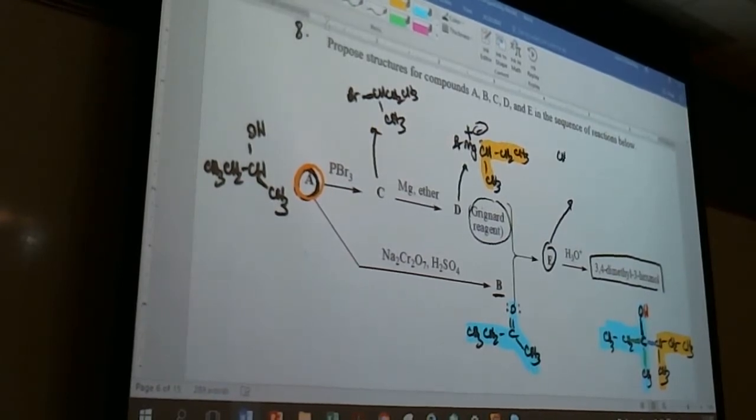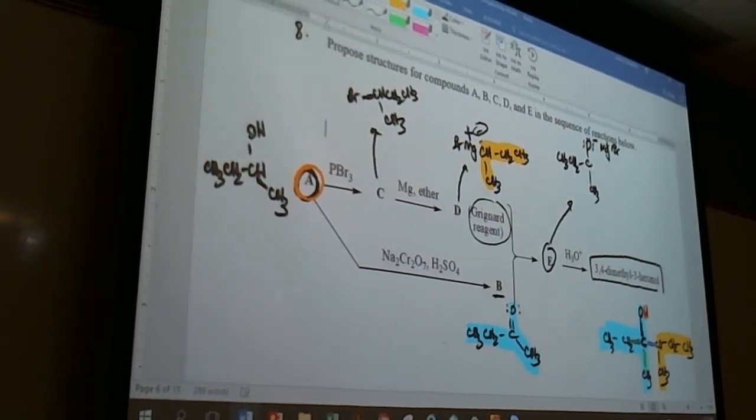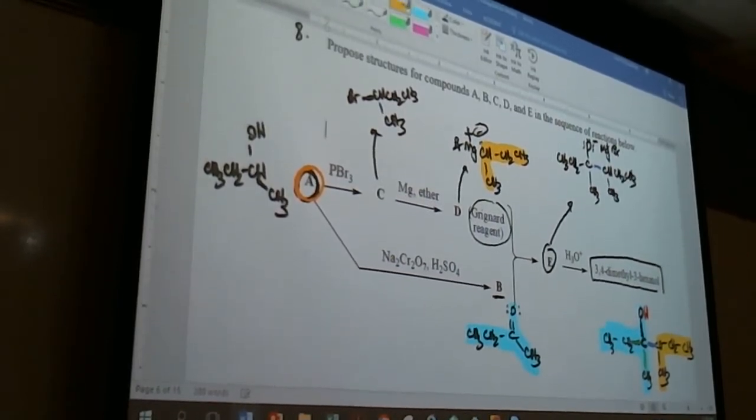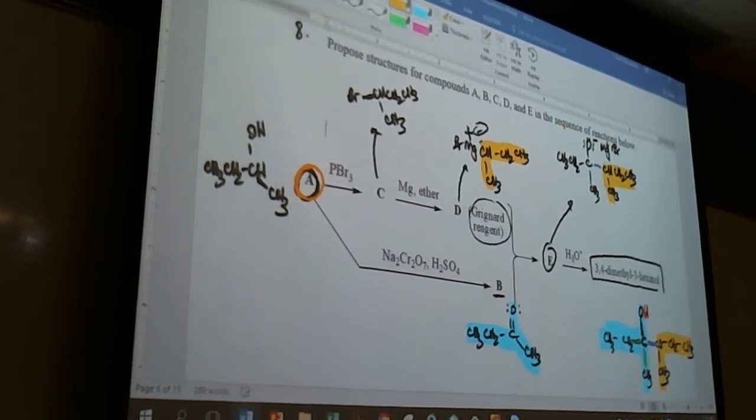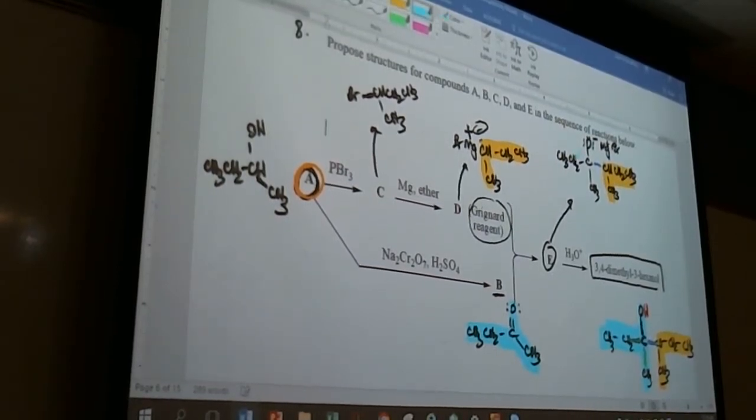We just formed the critical bond right here, and then toss that in acidic water, and I'd form the alcohol.